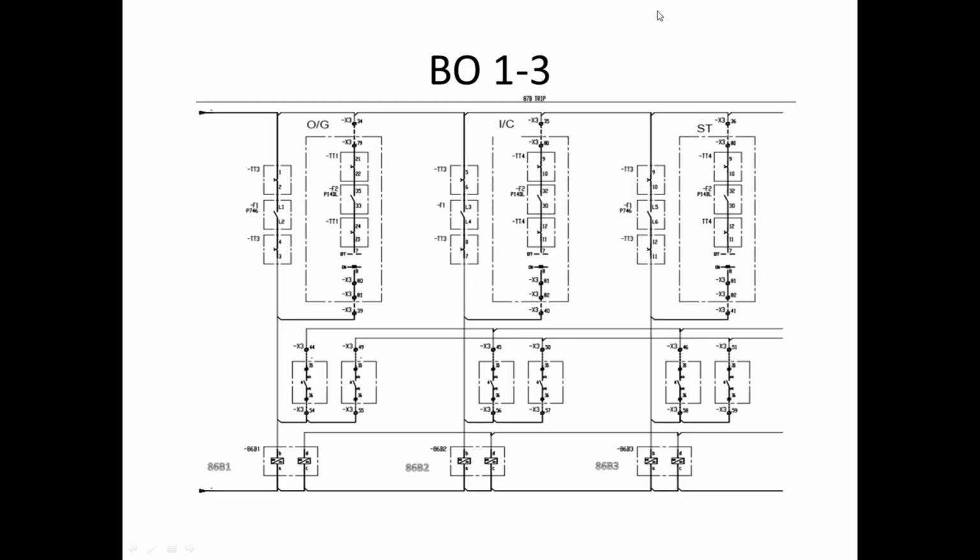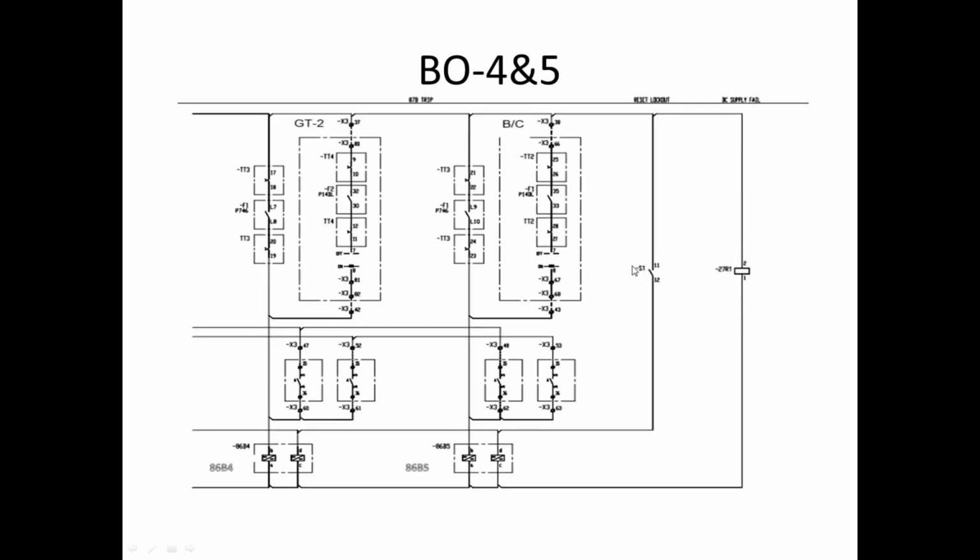And finally we are going to see the binary output. The first output, we are going to configure the lockout relay for outgoing. This lockout will trip the outgoing breaker. Similarly, output 2 is for GT1, output 3 is for ST, output 4 is for GT2, output 5 is for bus coupler breaker tripping.